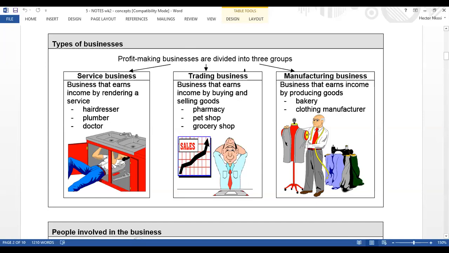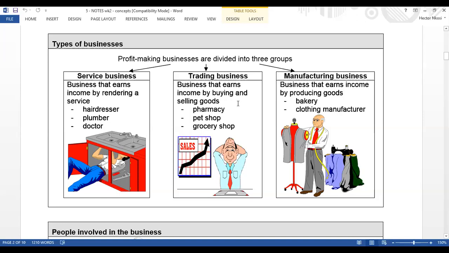Because here it's when you go to your supermarkets where you'll be like, I want to buy lotion, I want to buy pills, I want to buy groceries, I want to buy furniture. All those things you can see and touch. Those things are tangible. Therefore, once you are selling tangible things, you are regarded as a trading business, right?